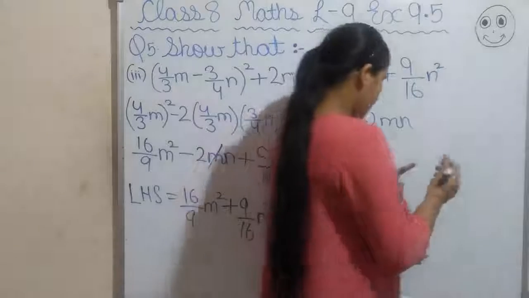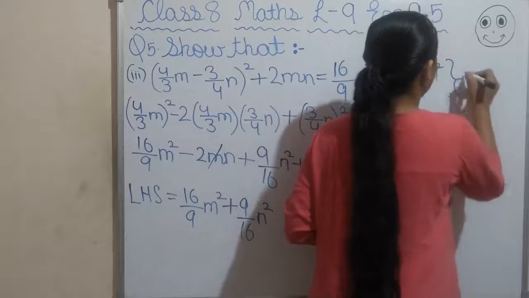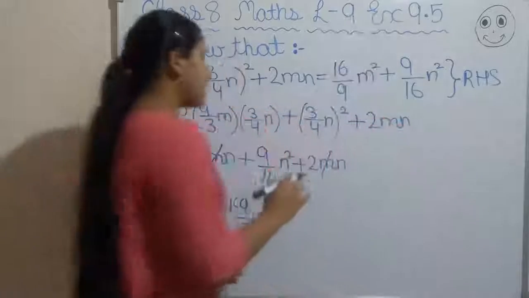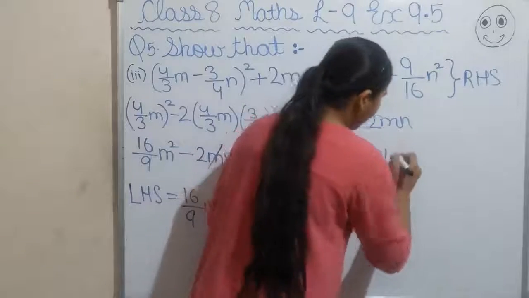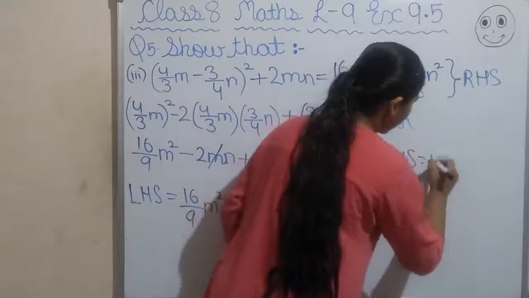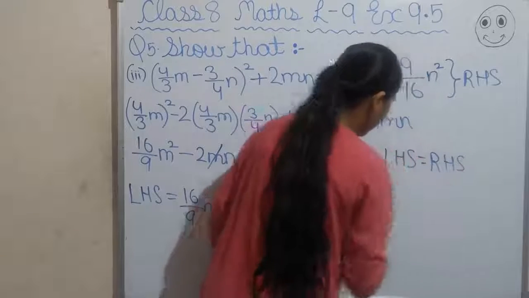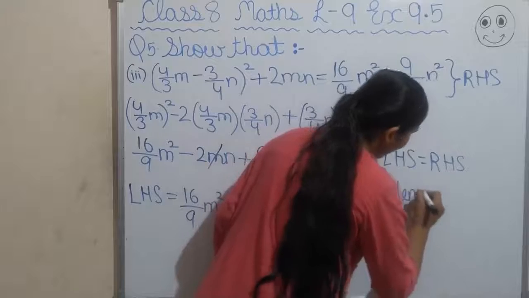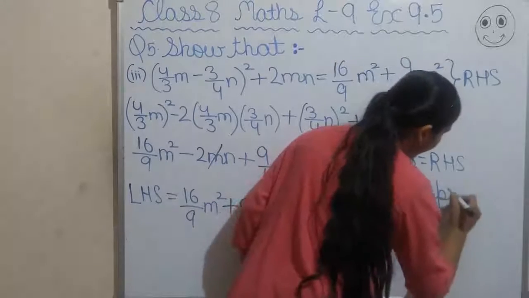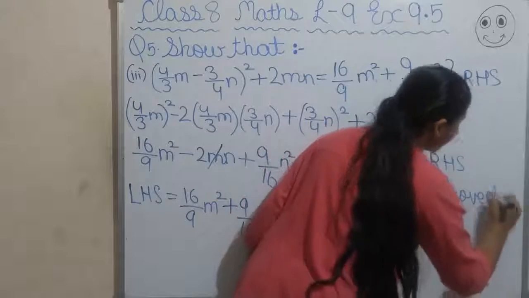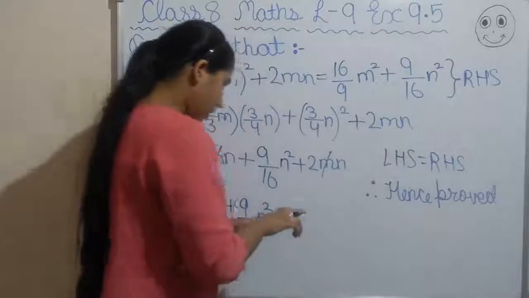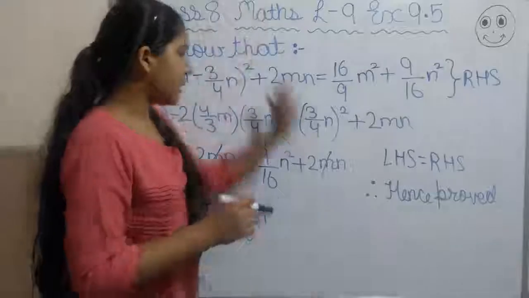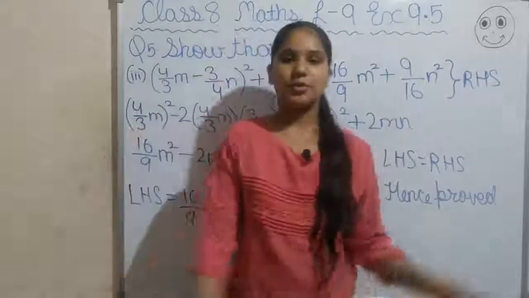So we can write LHS is equal to RHS, hence proved. This is important to write. I'm telling you many times that it is important to write. So here we have done the third part, so the third part is completely done. So let's come to the fourth part.